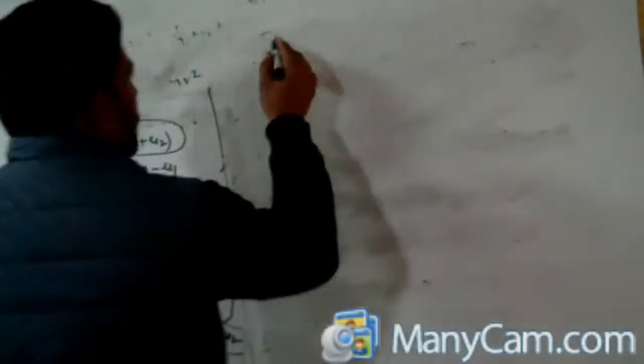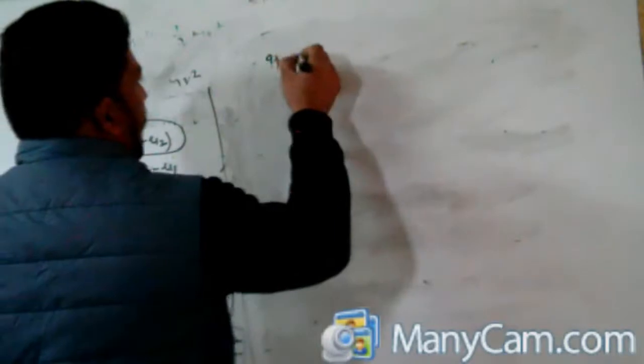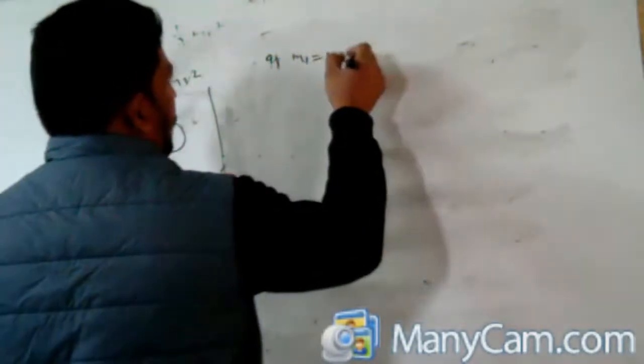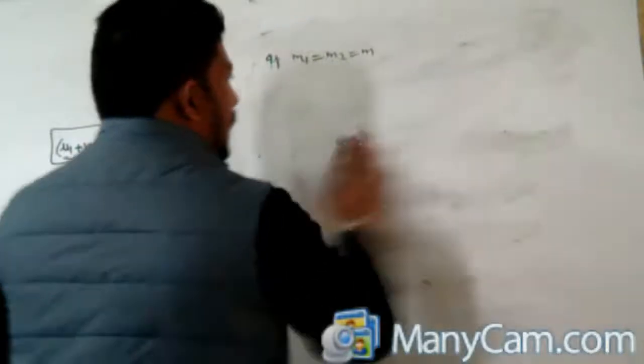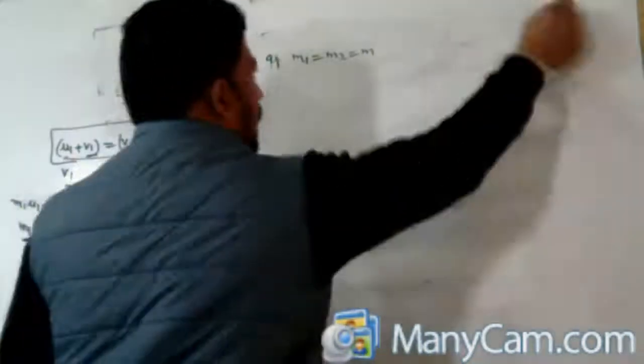Yes beta, right, when the target body is at rest, या फर्स्ट केस आप बोल सकते हैं if m1 is equal to m2 is equal to m, मतलब both the bodies are of equal mass, दोनों बॉडी का मास जो है इक्वल है. Yes beta, if both the bodies are of equal mass, it's your special case.